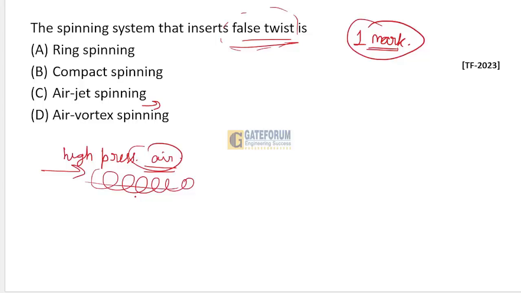Whereas ring spinning uses a ring and a traveler to twist the fibers.